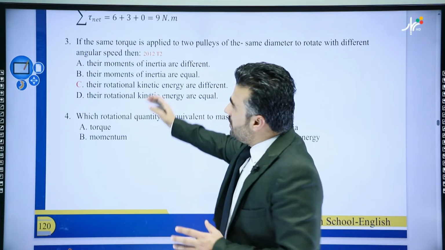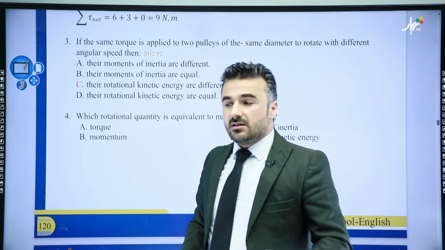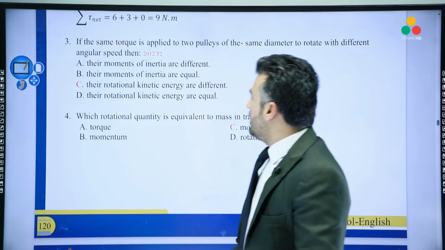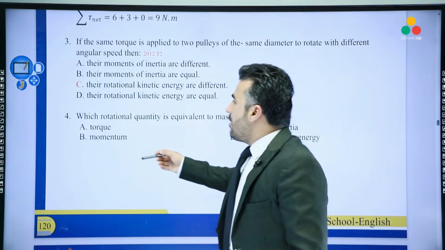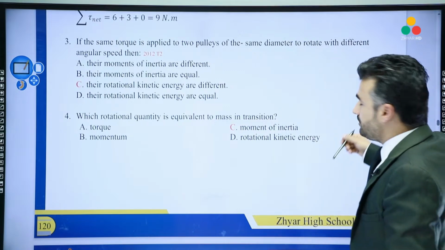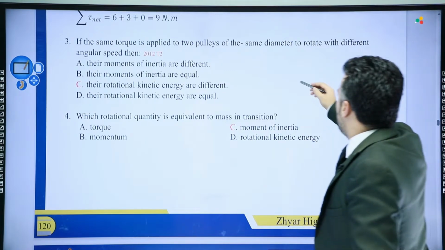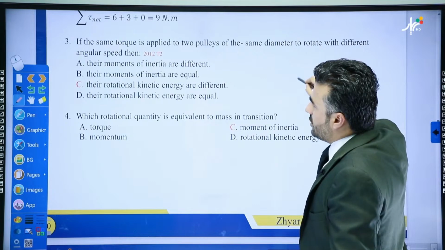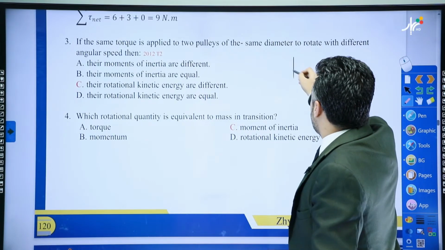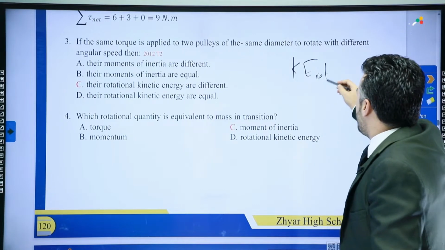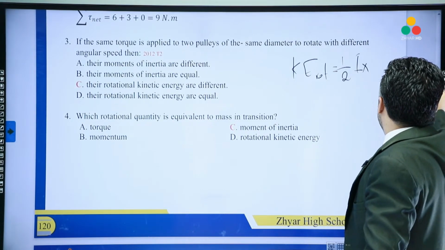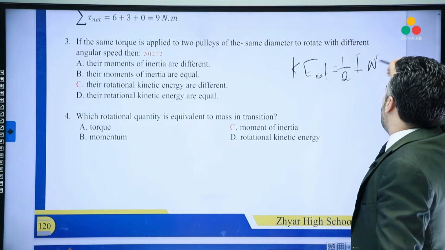Because as long as it tells you that there is a different angular speed, of course, it leads to a different rotational kinetic energy, yeah? That is because for kinetic energy of rotation, we have 1 over 2 moment of inertia multiplied by omega squared, yeah?